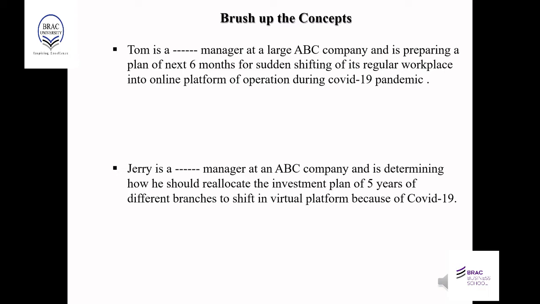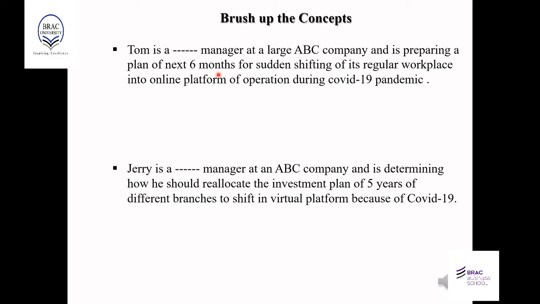In the first case, we can find a person known as Tom. He's a manager of a large organization. He's preparing a plan for next 6 months. So we have to find out 3 questions.